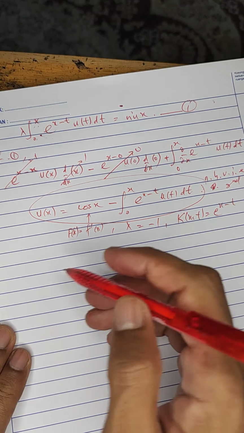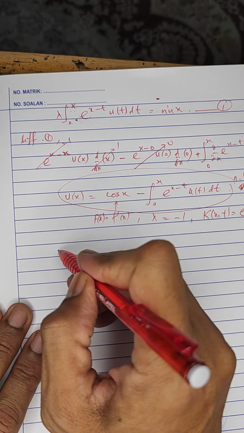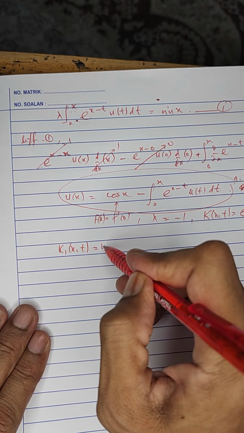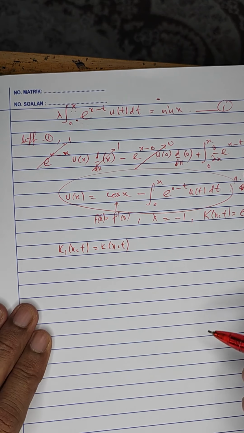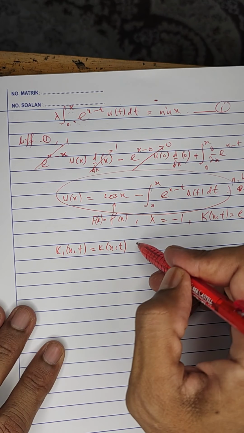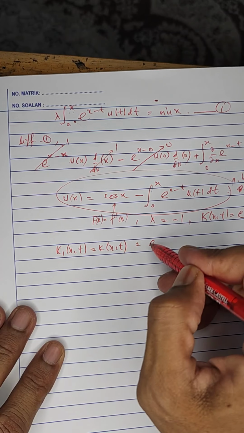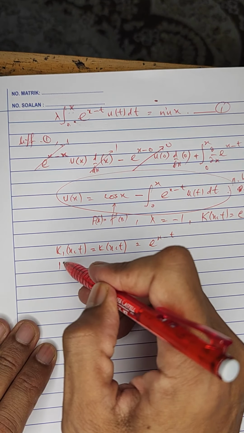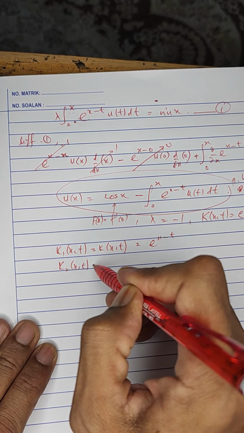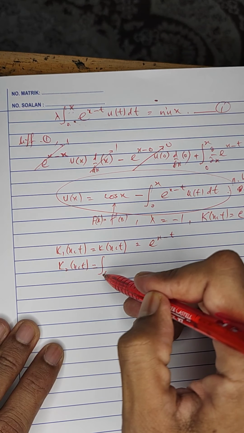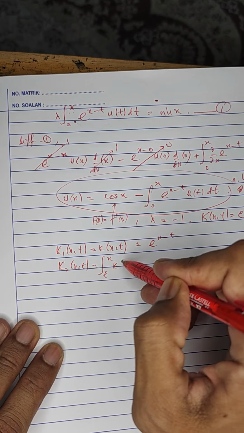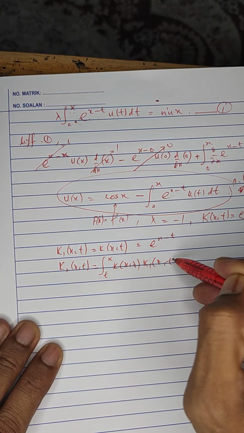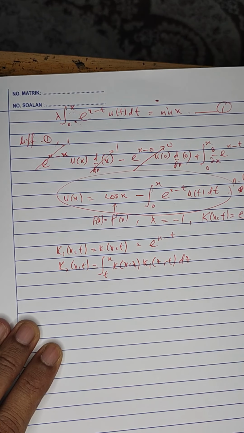By the iterated kernel, we have K1, K1(x,t). This is K(x,t), which is equal to e^(x-t). So we can find K2(x,t). This is the integral from t to x of K(x,z) K1(z,t) dz.